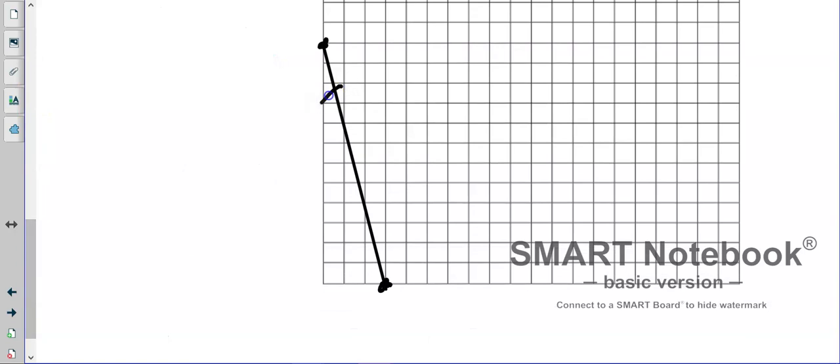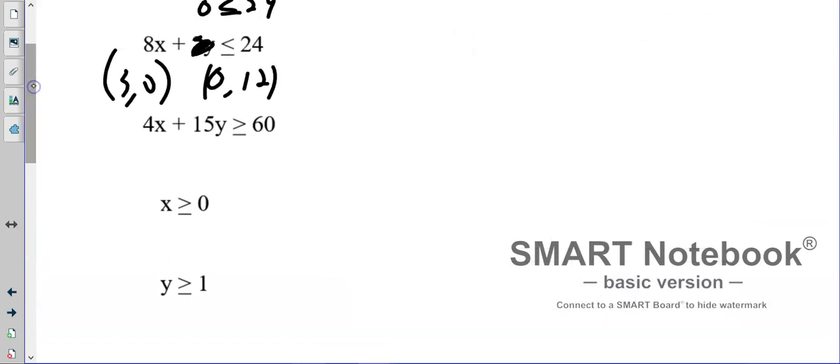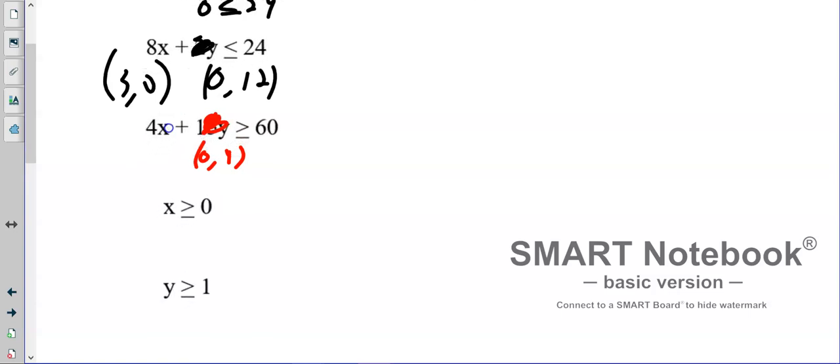So right now I'm going to shade that. Okay. And then my next one, cover-up method, y is 4. Okay, so that's 0, 4. And if I do the cover-up method here, that's going to be 15. Whoops.